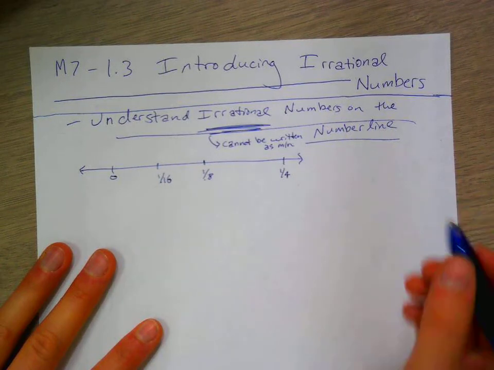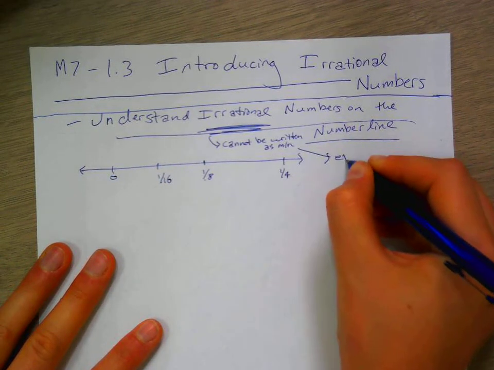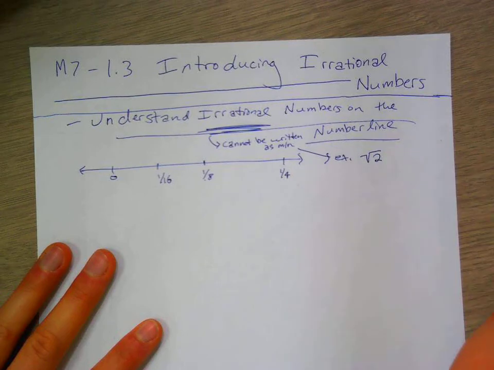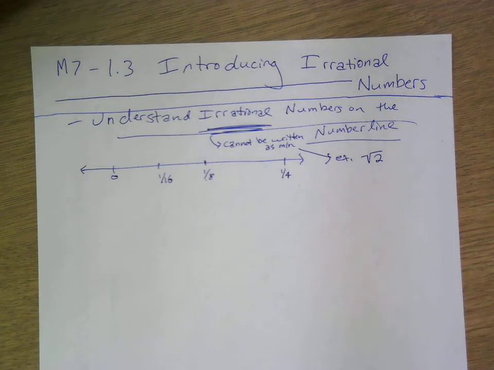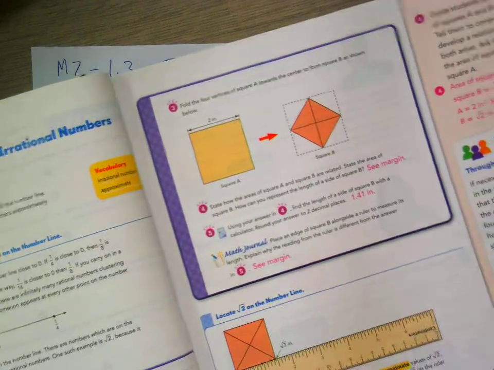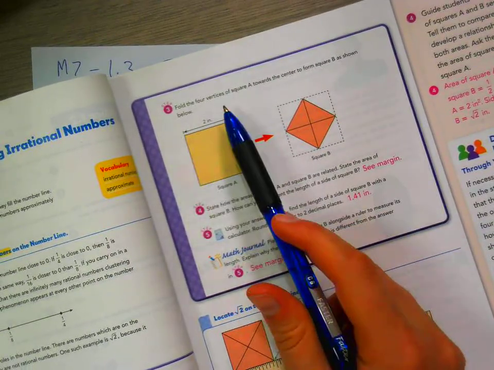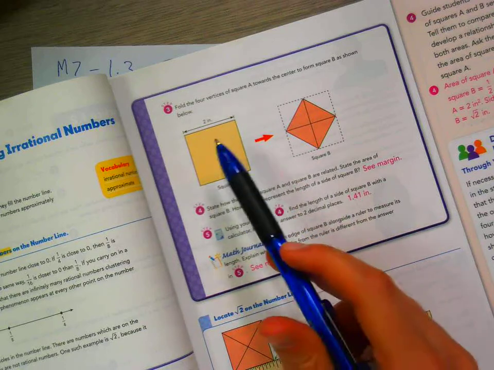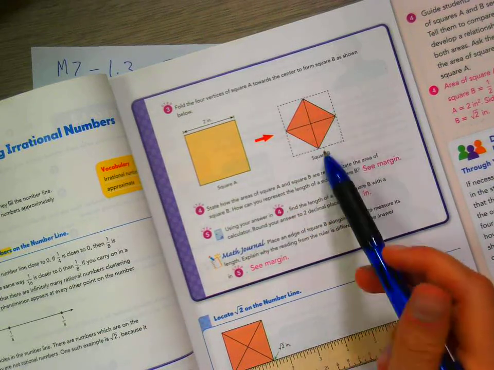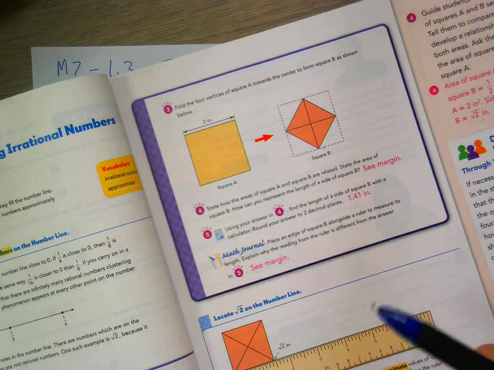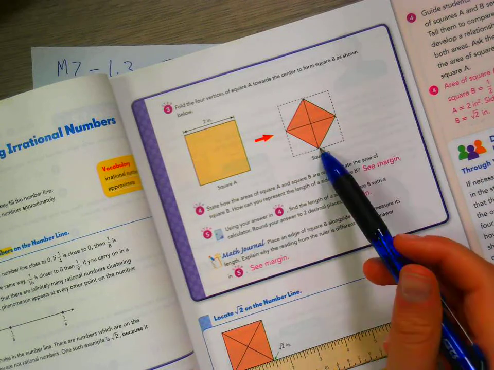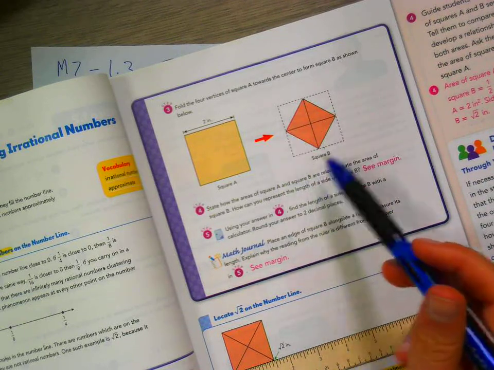One example might be the square root of 2. If you remember from the hands-on activity we did in class, we made this square. Square A was rational because you had the 2 on each side. But to find the side of square B, we found out that it was the square root of 2, after we folded all the papers in.